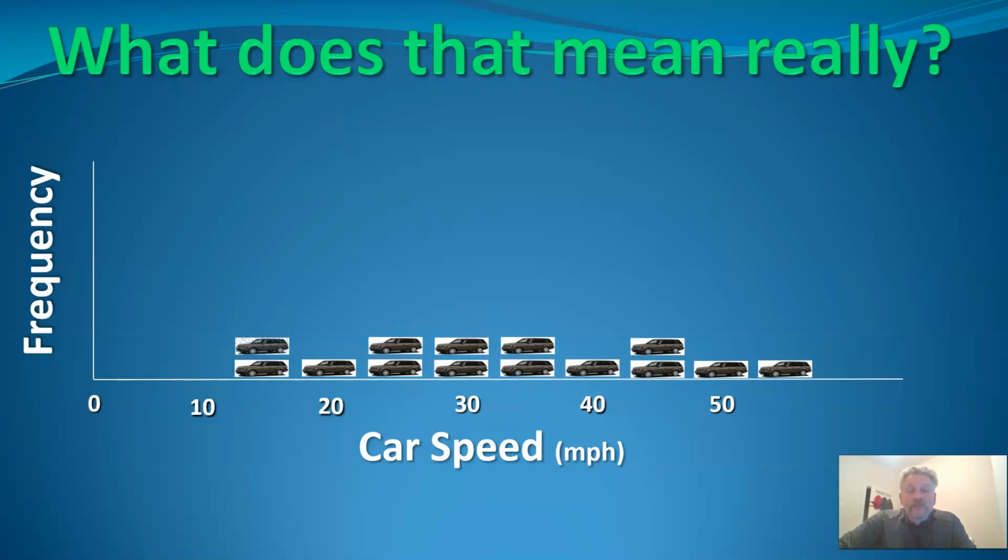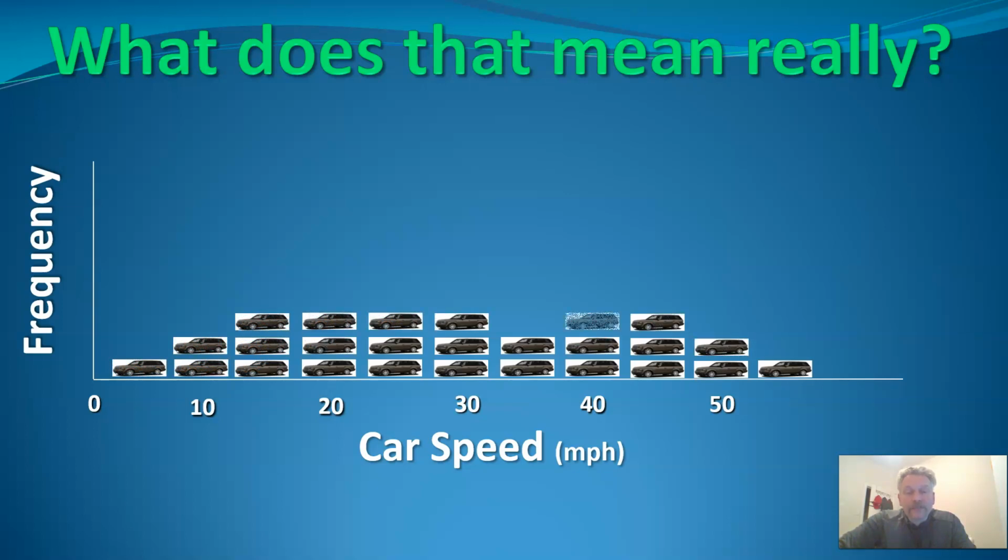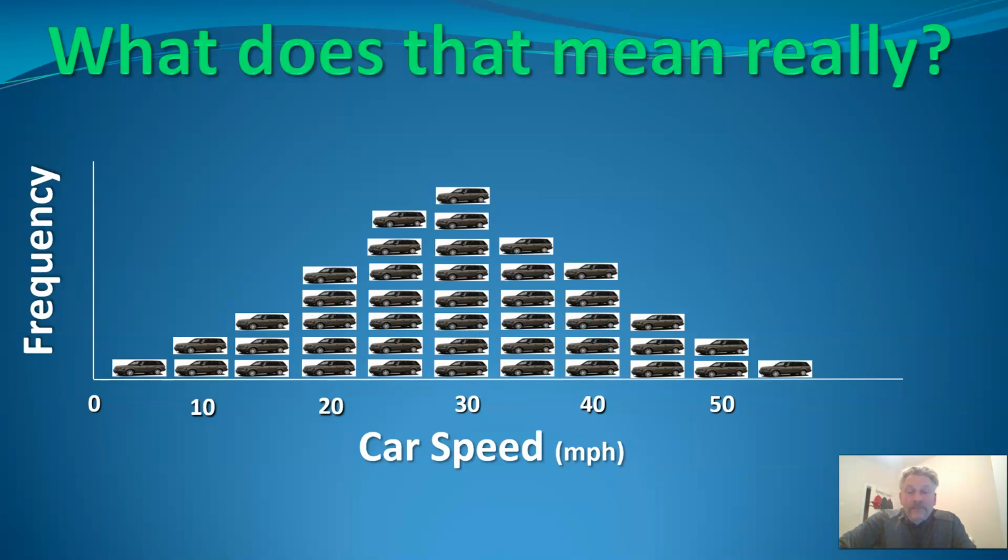I've started to build up a pattern of how quickly they're driving down my road. And typically what you tend to find is that if you've got enough cars or enough participants in your study, then your data typically takes on this shape, this distribution of cars. So again, we'll see here that there's very few people who trundle along at 5 miles an hour.